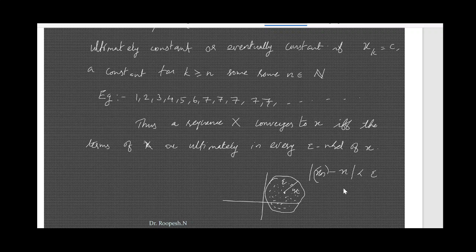So after a certain stage, for every n greater than or equal to some k of epsilon, every term of the sequence belongs to the epsilon neighborhood. So we can say that it belongs ultimately to every epsilon neighborhood of x.